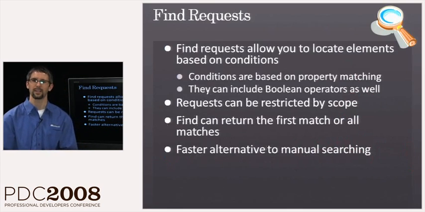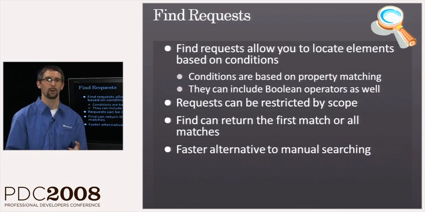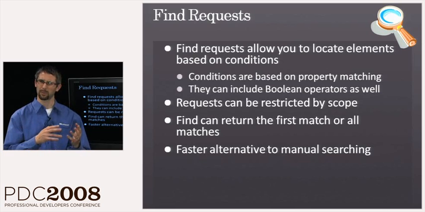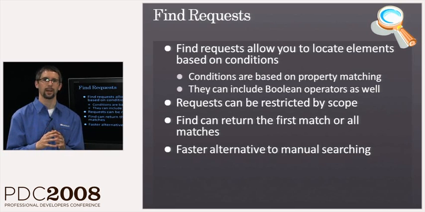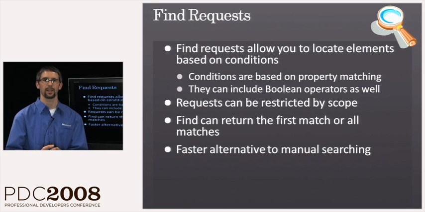Now, how do you find it? I gave you a few examples earlier. You could get focused element, or you could drill element from point. But if you needed to find a specific piece of UI that you didn't know the location already, then you would want to use a find request. Find requests allow you to locate elements anywhere in the automation tree, the accessibility tree for an application, based on conditions.